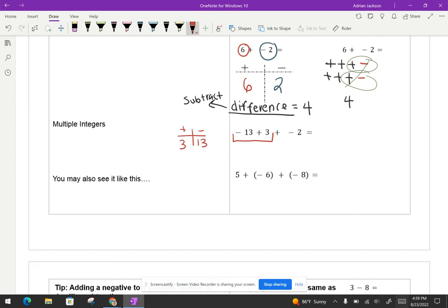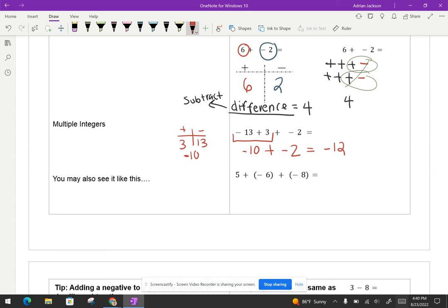The difference between these numbers, the bigger minus the smaller, 13 minus 3 is 10. But because the 13 is bigger, and it's under the negative side, it's going to be -10. So -10 plus -2. Like we learned above, when they're the same sign, your answer is going to be negative, so I'm just going to combine the numbers and get -12.